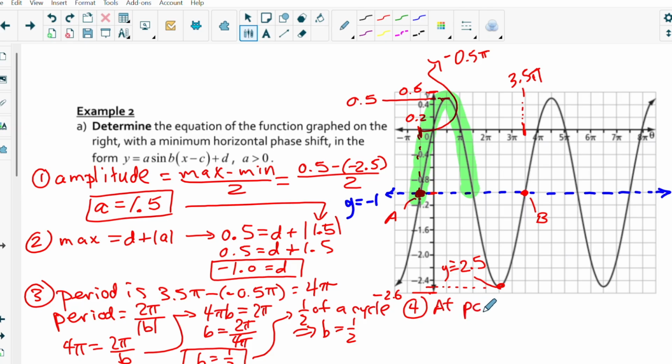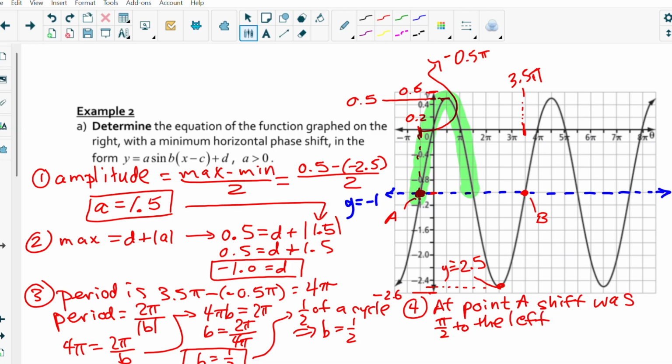At point A, shift was pi over 2 radians to the left.